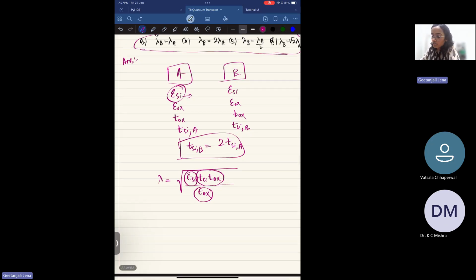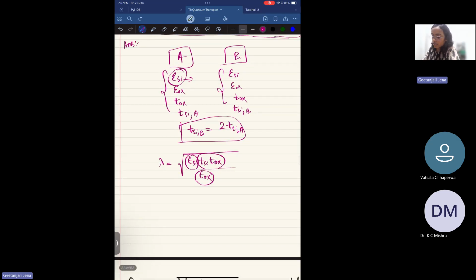According to the condition given here, these are all the same, only the thickness of the silicon body is different. So lambda is directly proportional to root over TSI.